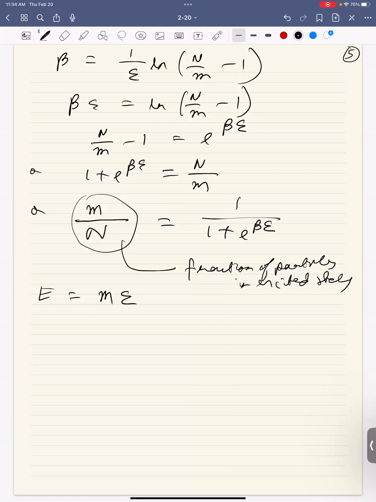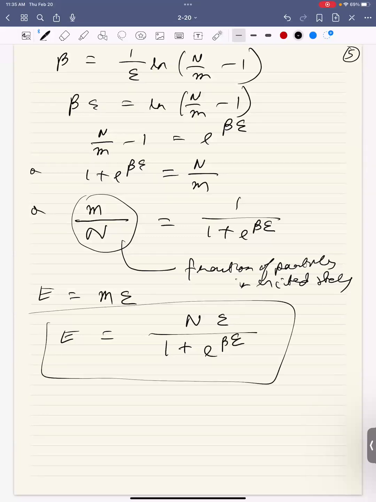If m is the number of particles in excited state, then energy is going to be m multiplied by epsilon, right? So we can multiply this in the above equation and get E is equal to n epsilon divided by 1 plus e to the power beta epsilon. And suddenly we have an expression for the energy at any temperature.